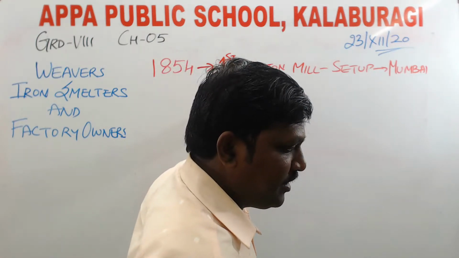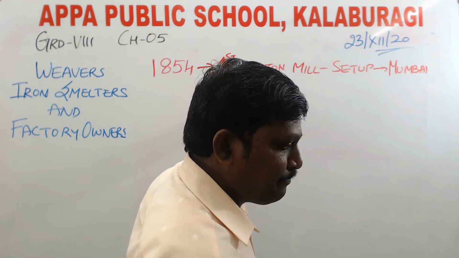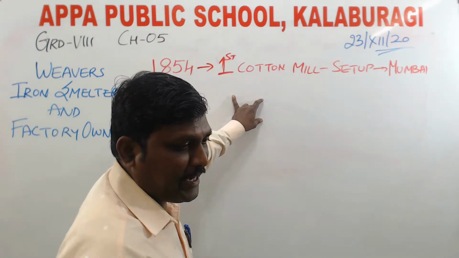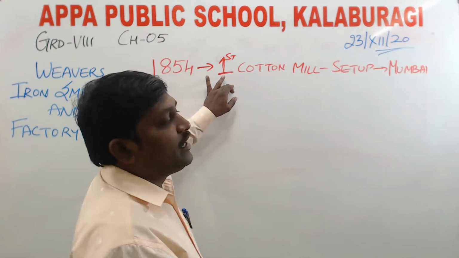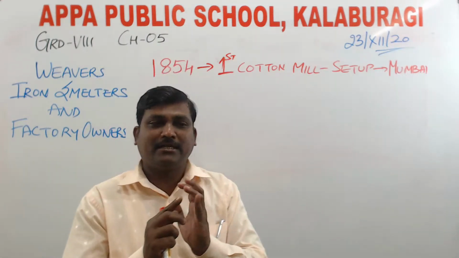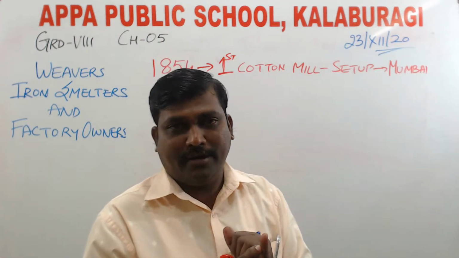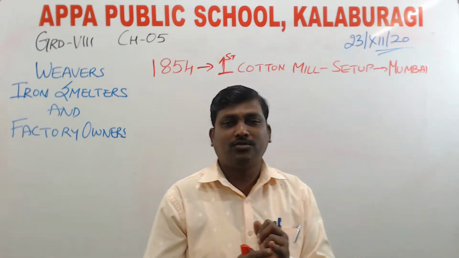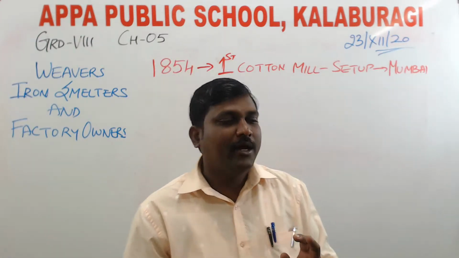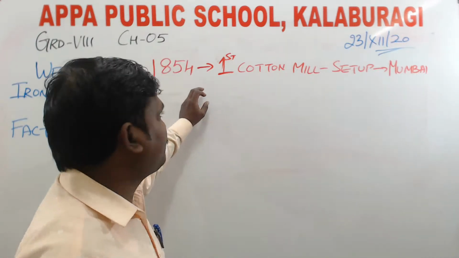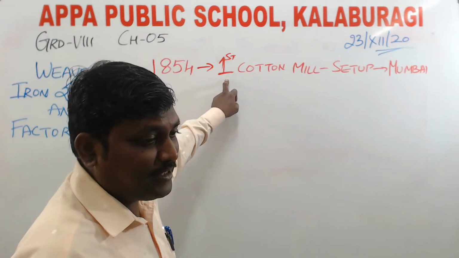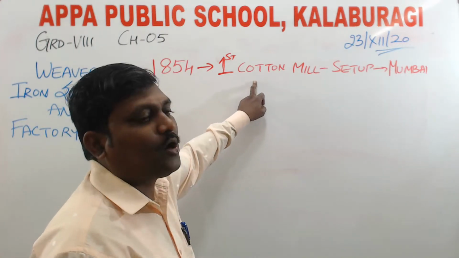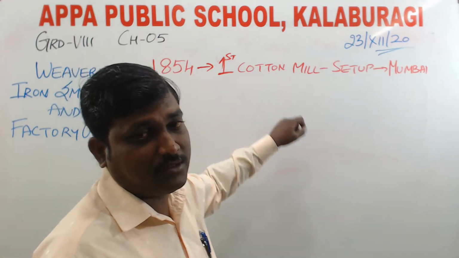Because of the favorable conditions, and also black soil, which is very important to grow cotton, and the temperature and humidity. It has frost-free days which are required for the growth, and cotton is the major raw material required for the production of cloth.